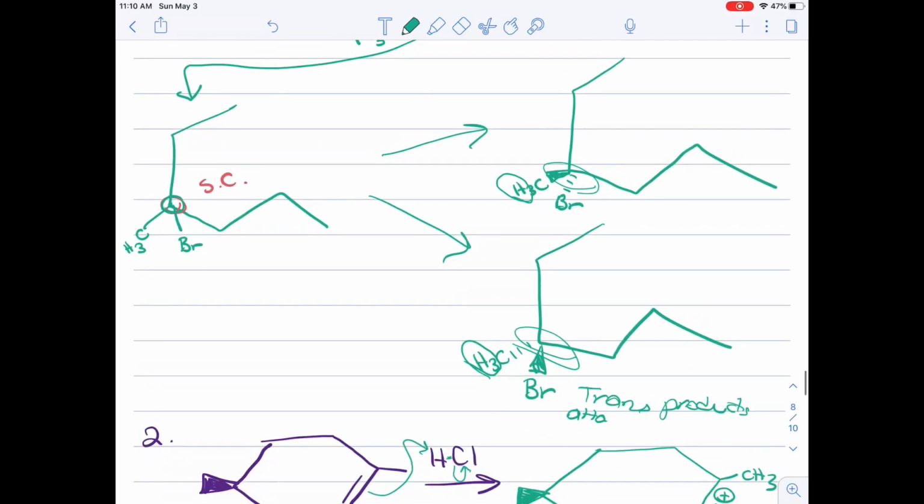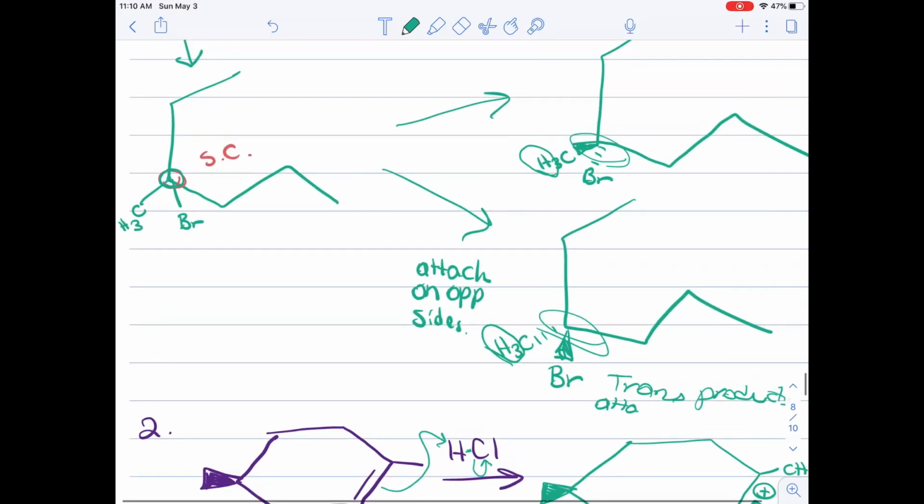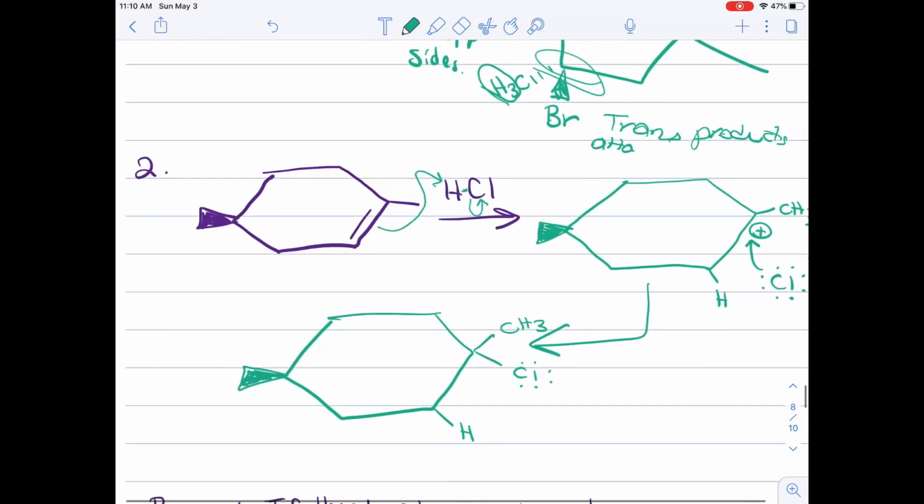Now bromine goes in and forms a bond with carbon, and you have a stereogenic center, meaning that you'll have 2 enantiomers form. Both of these enantiomers are trans products, which means that they attack on opposite sides. Now, why didn't I give the hydrogen stereochemistry? Well, the hydrogen's in a methyl group, therefore it won't have a stereochemistry in it.